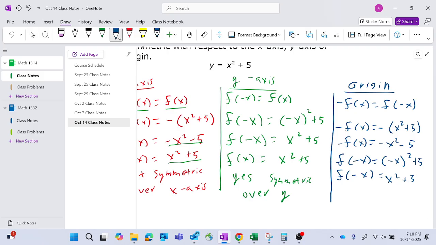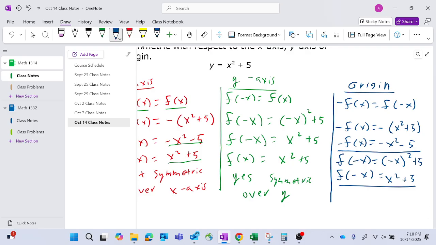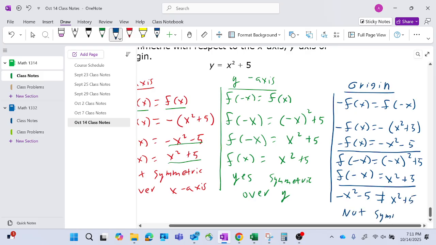So what I have is negative f of x is negative x squared minus 5, and f of negative x is x squared plus 5. These are not the same thing, right? Negative x squared minus 5 is not the same thing as x squared plus 5. So not symmetric over the origin.